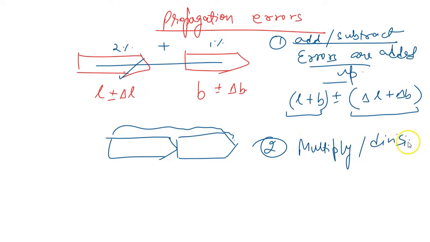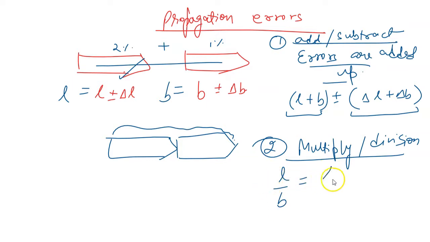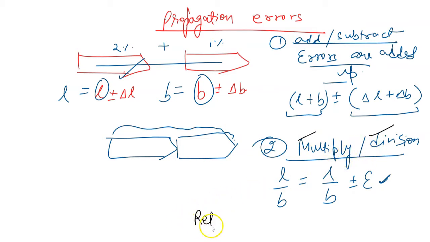Let us suppose this is L, this is B, and I do L by B. In this case, to get the error we have to follow a different method. When the quantities are multiplied or divided, their relative errors are added up.